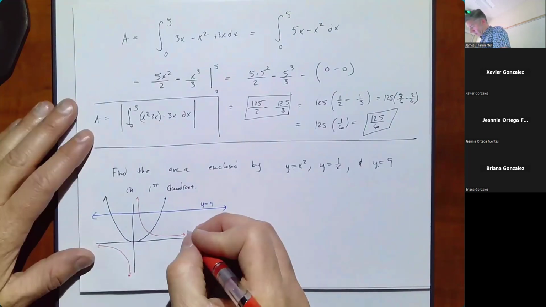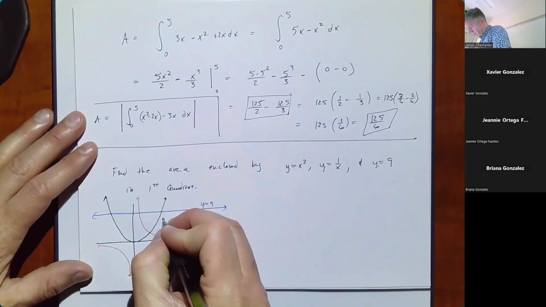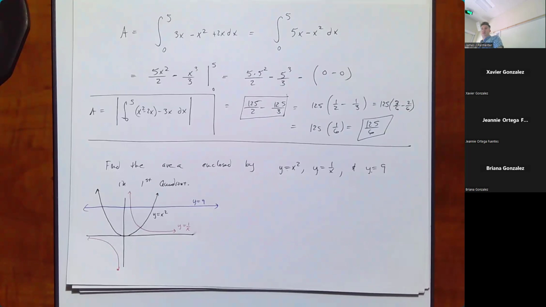You can label things. y equals 1 over x. y equals x squared. It is important here that we specified the first quadrant because technically there are 2 different regions that are bounded by those 3 curves.